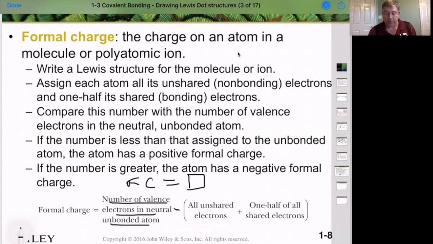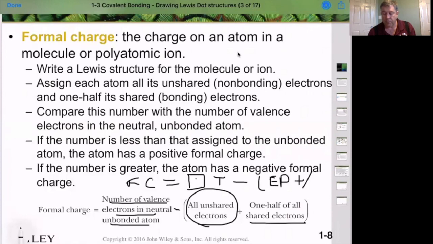Then you subtract all unshared electrons, meaning lone pairs, because that lone pair is on the atom itself, it is not shared. And half of the shared electrons: anything that has a bond in it, you only get half of those electrons, because you're sharing them with the other atom. You only get them half the time. So you have the total number minus unshared electrons plus 1/2 of the bonded electrons.